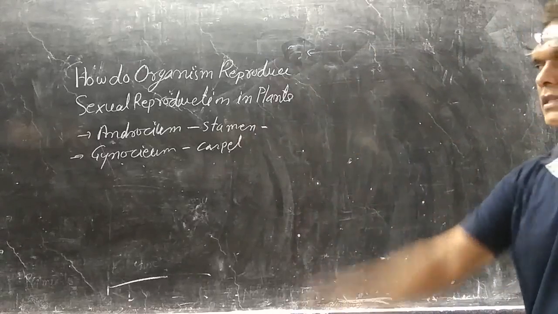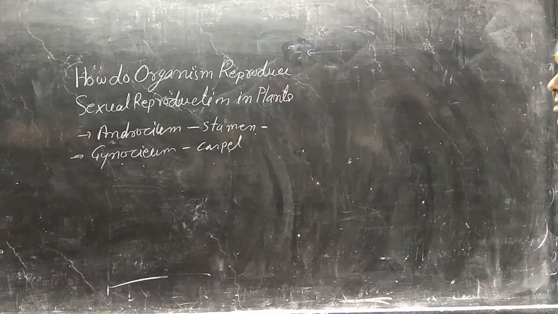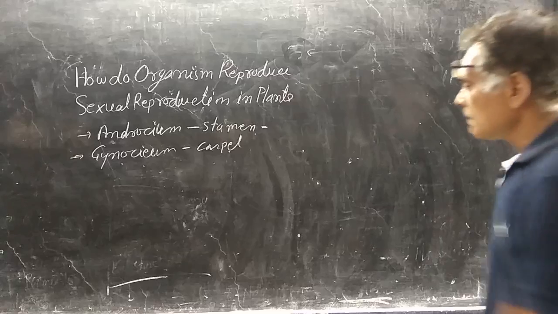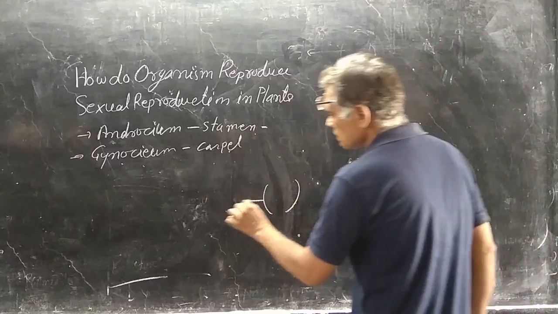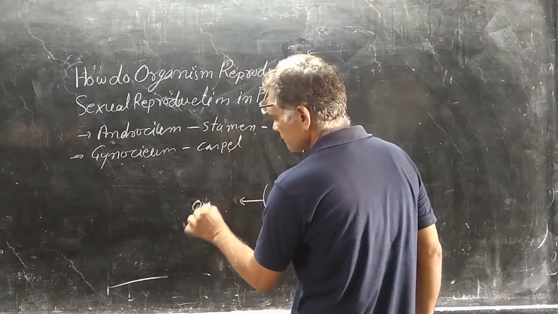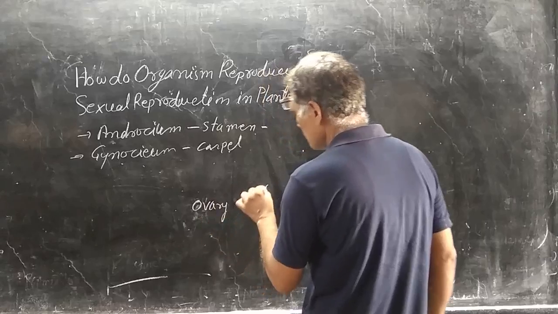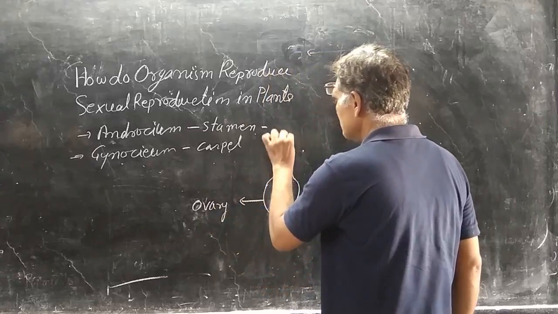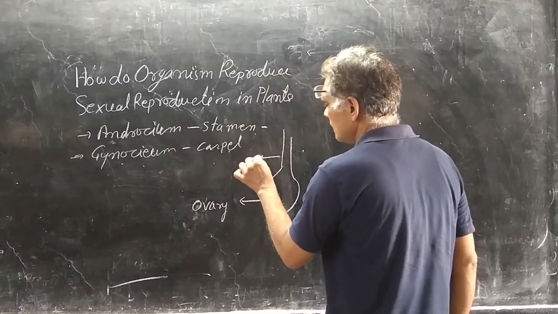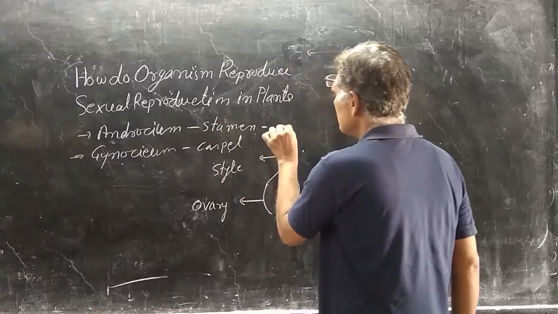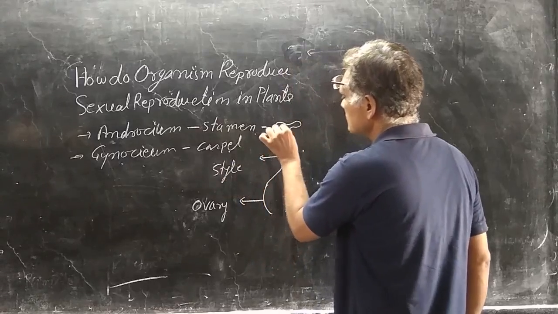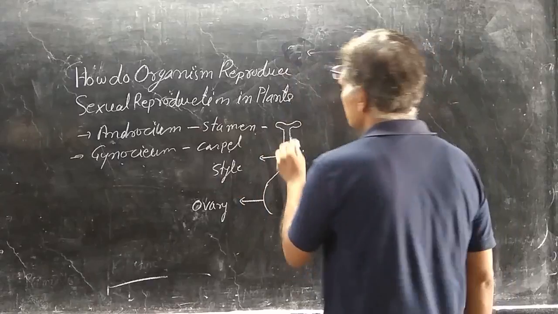We studied the structure of stamen. Now we study the gynoecium. The unit of gynoecium is known as carpel. Carpel is differentiated into three parts. The basal swollen portion is known as ovary. The long tube-like structure is known as style, and the distal disc-like structure is known as stigma.